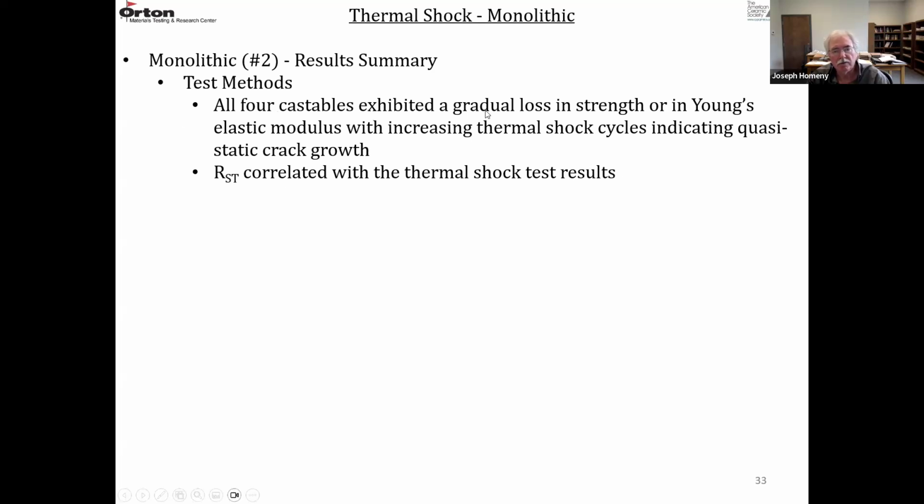So all four castables exhibited a gradual loss in strength or in Young's elastic modulus with the number of increasing thermal shock cycles. And that gradual loss in properties indicates it was quasi-static crack growth. So large cracks were additionally present, and that's where RST really applies. So RST basically correlated with the thermal shock results.